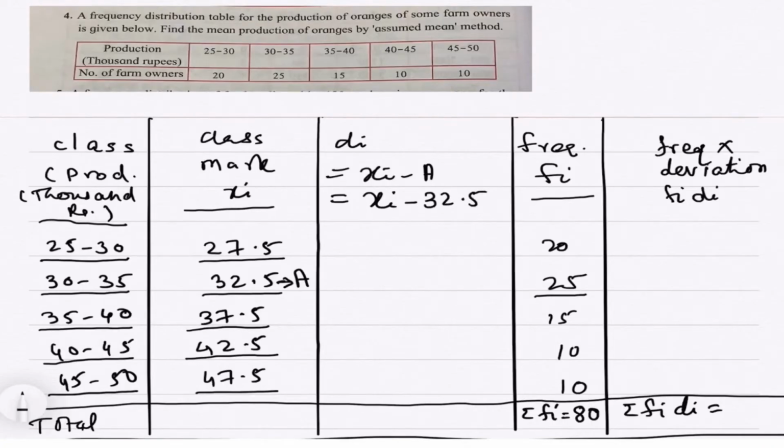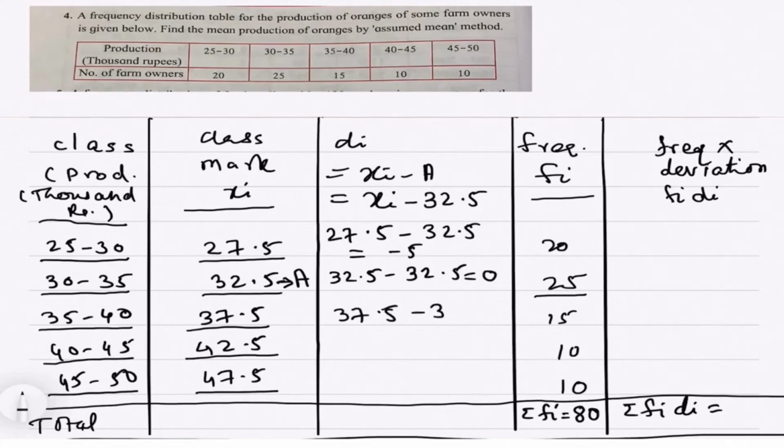So the first di value is 27.5 minus 32.5, which equals minus 5. 32.5 minus 32.5 equals 0. 37.5 minus 32.5 equals 5. 42.5 minus 32.5 equals 10. And lastly, 47.5 minus 32.5 equals 15.